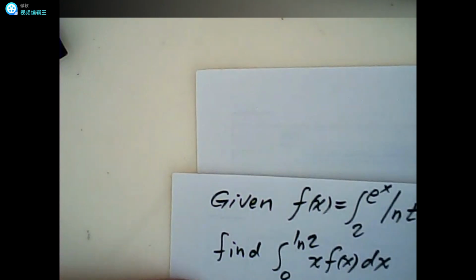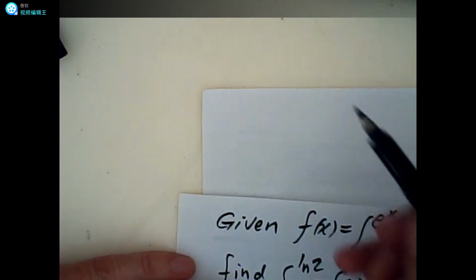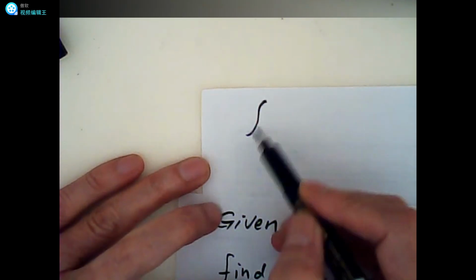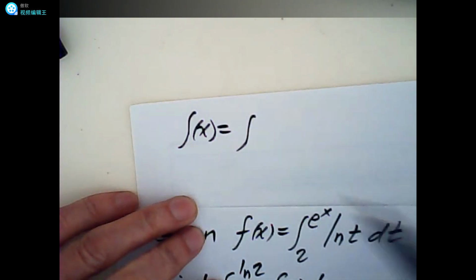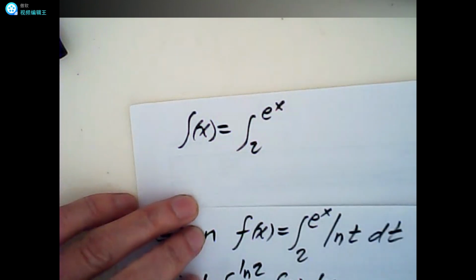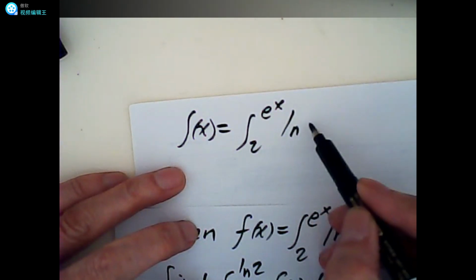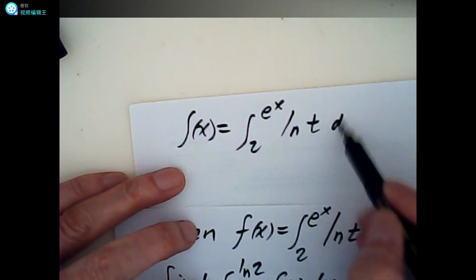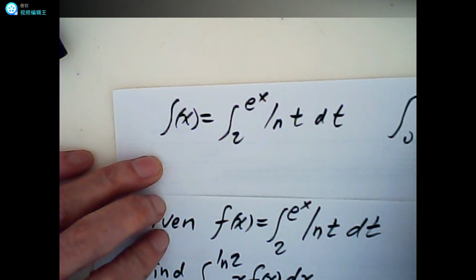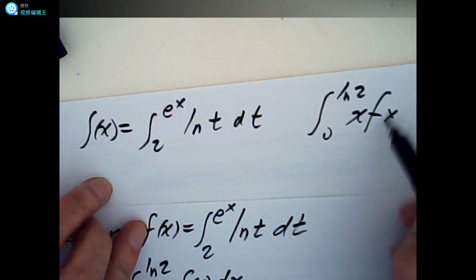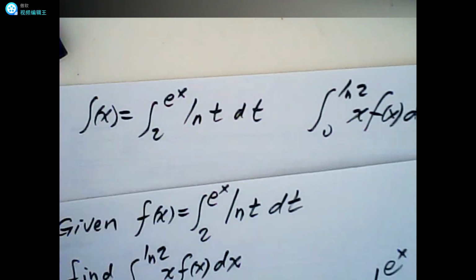The question is: given f of x equal to the integral from 2 to e to the x of log t dt, right? We are looking for the integral from 0 to log 2 of f of x dx.